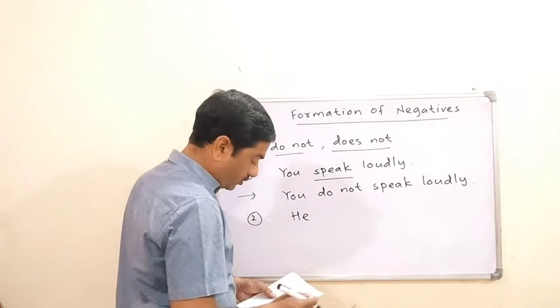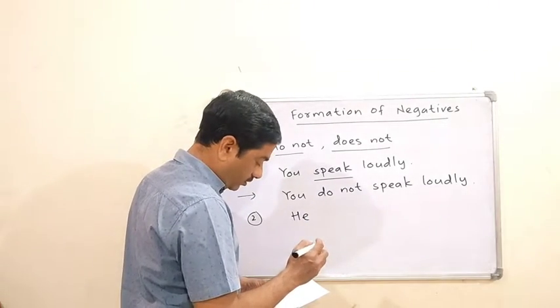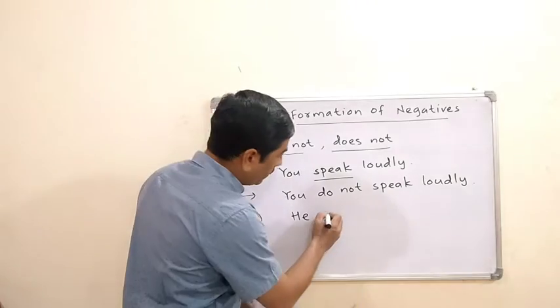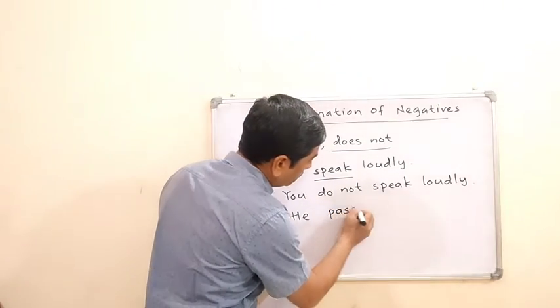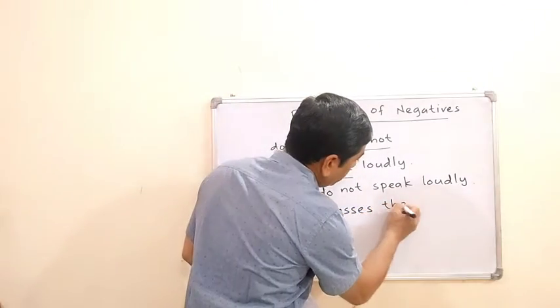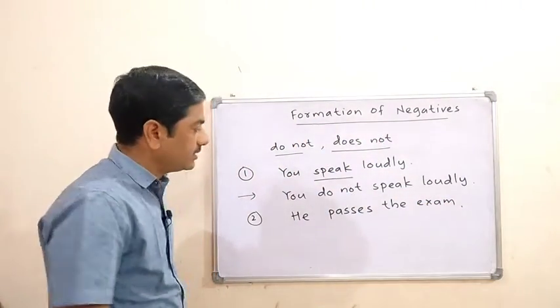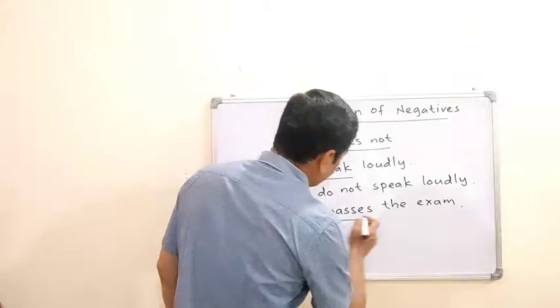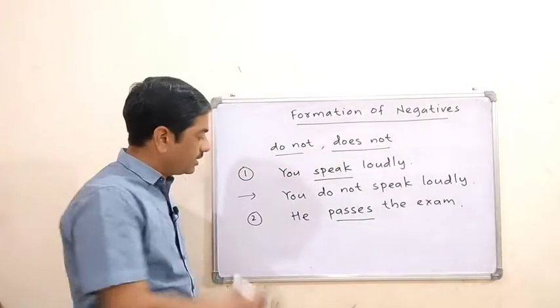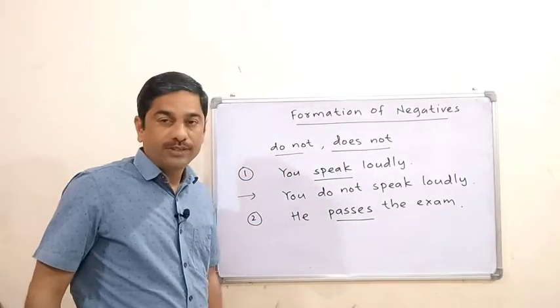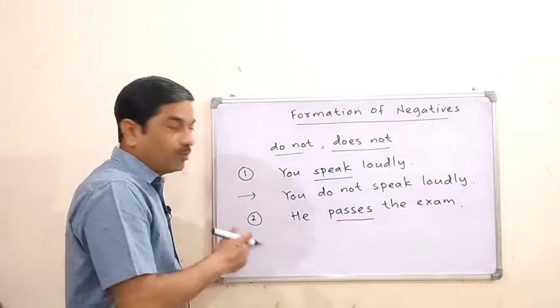He passes the exam. So in this sentence, the s form of the verb, passes, is used and he is the third person singular. So you have to make use of does here.